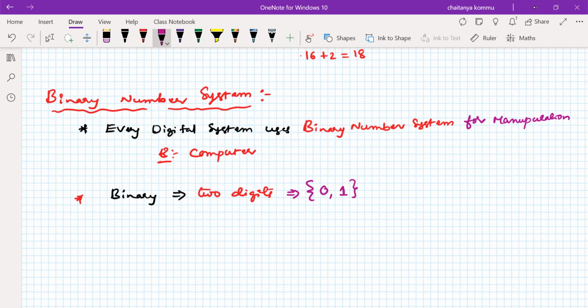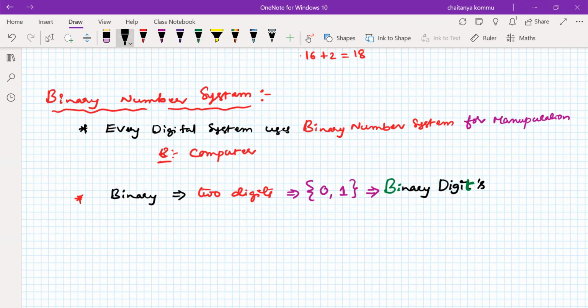These digits are called, very important, binary digits. One particular digit is called a binary digit, so together they are called binary digits.